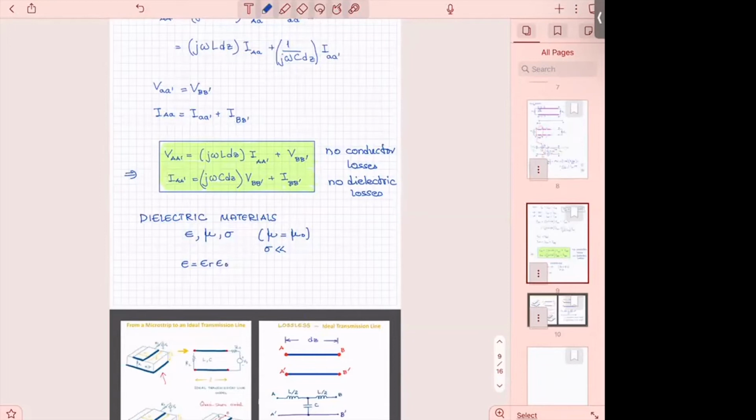Epsilon is going to be measured in farads per meter. Mu sub naught is measured in henries per meter, and sigma conductivity is measured in ohms per meter. And why is sigma measured in ohms per meter? Because practically it is equivalent to a resistance, all right?